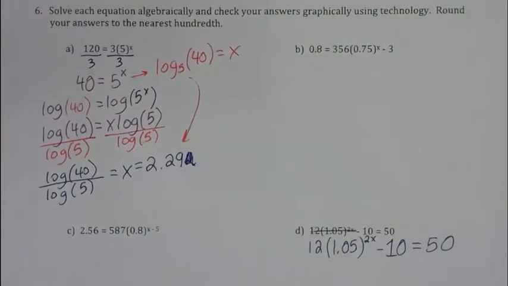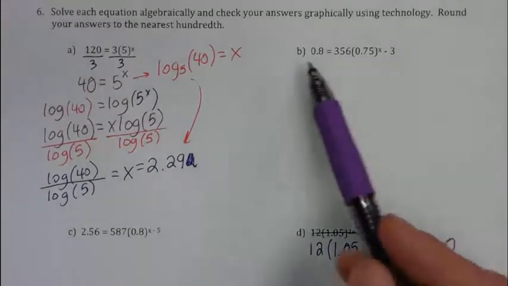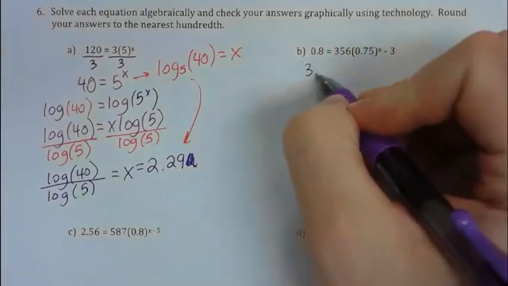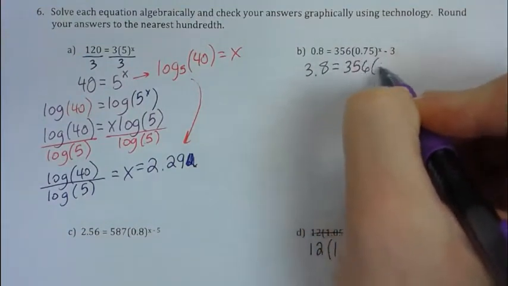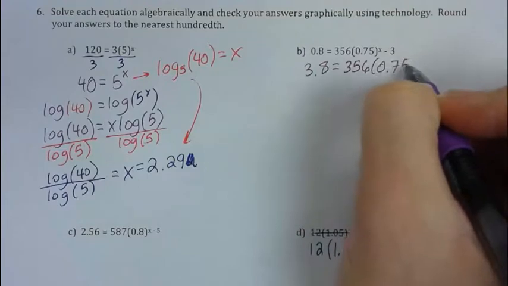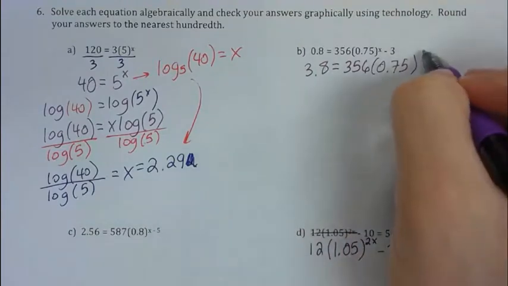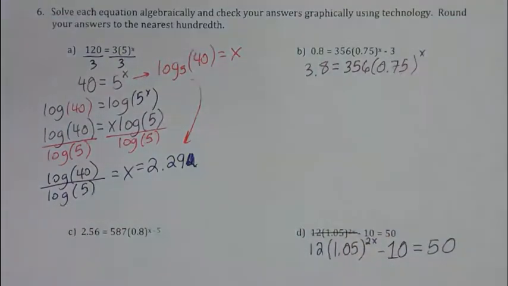So moving on to problem B. We have a minus 3 in the end, so I have to add 3 to both sides, giving me 3.8 equal to 356 times 0.75 to the power of x. So now I would do 3.8 divided by 356.